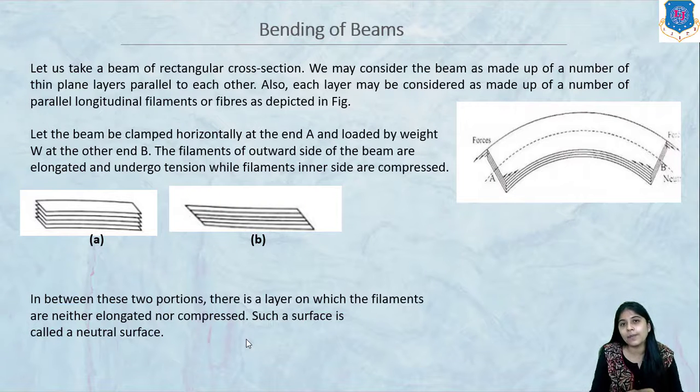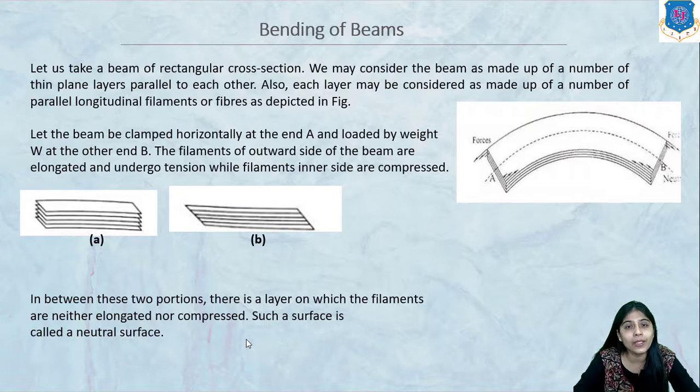So if you take a rectangular cross section made up of thin layers, and each thin layer is made up of filaments, then when this beam is clamped at one end and loaded at the other end, it will bend in such a way that the filaments on the outer side are elongated and the filaments on the inner side are compressed.